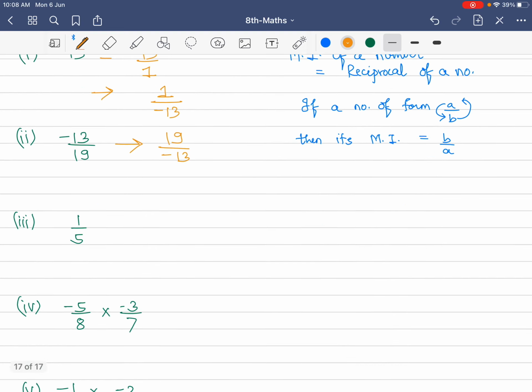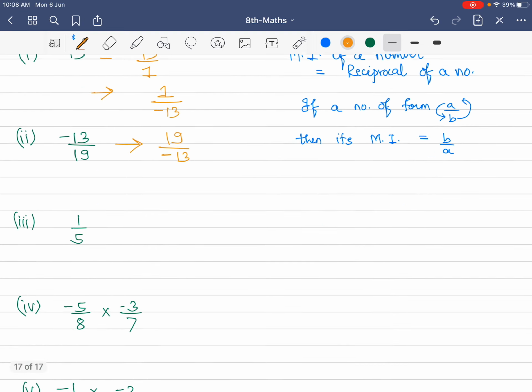Now as a fourth problem we already have two rational numbers which are multiplied by each other. So again, let's try to get them in the form of a by b. So let's perform the multiplication. Multiplication is very simple. You multiply the numerators. Minus 5 into minus 3 is equal to 15, and you multiply the denominators, 8 into 7, which is equal to 56.